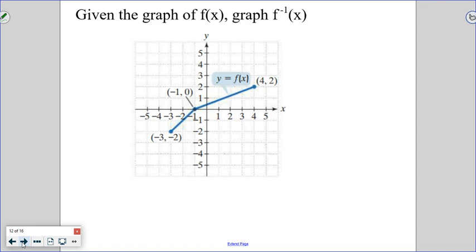You're going to start by finding nice points, okay? Nice points meaning I can see exactly what that ordered pair would be. I'm going to flip the x and y. And I'm going to regraph.